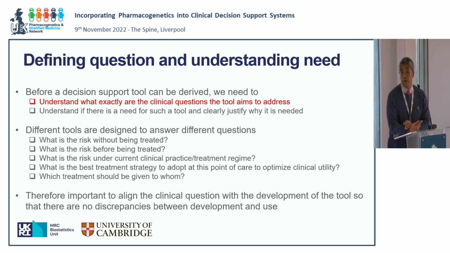What is the risk before being treated? What is the risk under clinical practice? What is the best treatment strategy to adopt at this point of time to optimize clinical utility? And which treatment should be given to whom? So there are lots of different questions that these decision support tools can try to answer. Therefore, it's important to align the clinical question with the development of the tool so that there are no discrepancies between development and use.